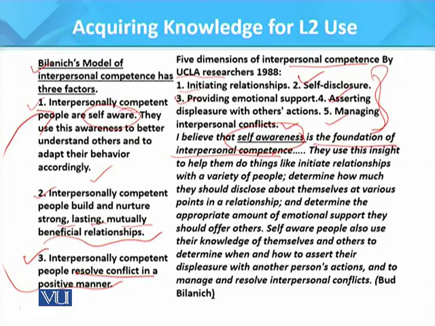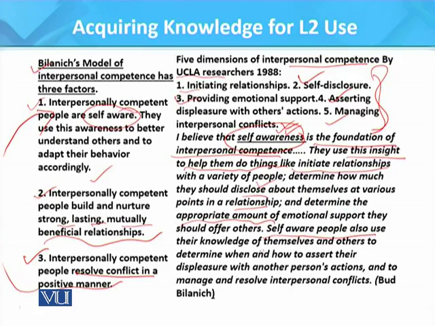So according to him, self-awareness is the most important factor in the development of interpersonal competence. Why? Because those who are self-aware use this insight, self-awareness, to help them do things like initiate relationship with a variety of people, determine how much they should disclose about themselves at various points in a relationship, and determine the appropriate amount of emotional support.